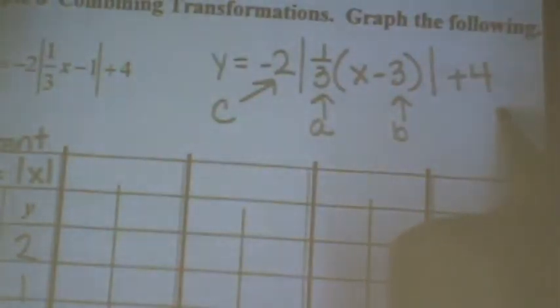So now, everybody, this is your A value, this is your B value, this is your C value, and this is your D value. We start with A. What do we do with A? We will flip this number. If you flip 1/3, what do you get? 3. So we're gonna multiply the X value by 3.